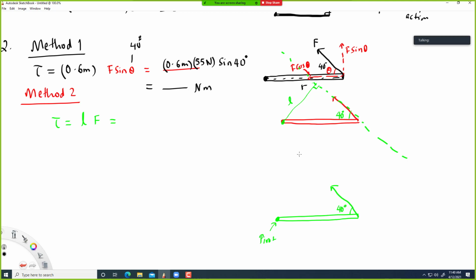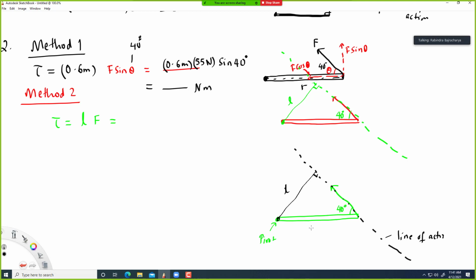So, draw the line of action, just draw a dotted line along this force, that is the line of action, and then draw a perpendicular line from this pivot to that line of action. Okay. And then find this distance between the pivot and the line of action. So, tell me what that distance would be.